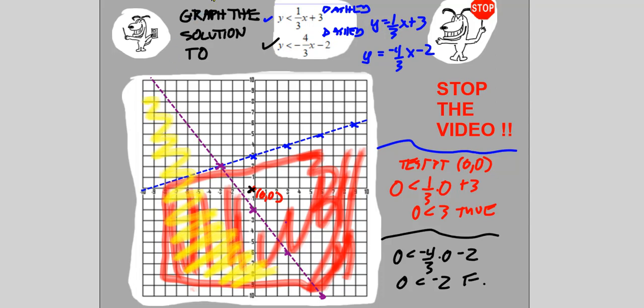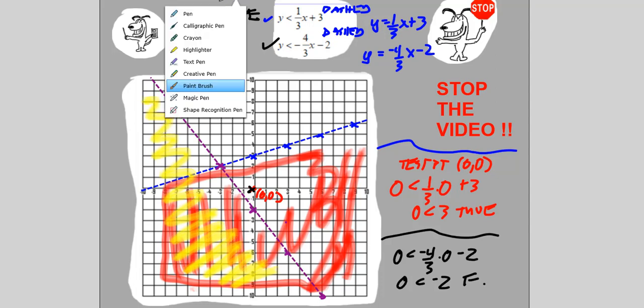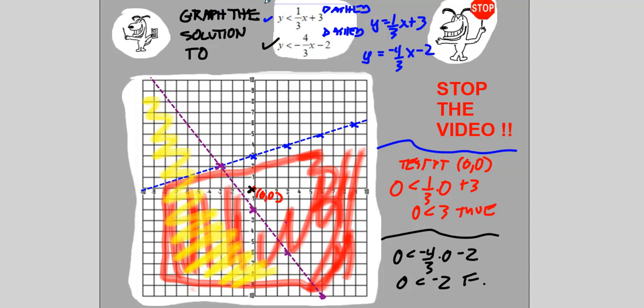So the common shaded area here is going to be going this way, but it's this area. It's not actually, that's wrong, sorry. It's not the common area. The common area is outlined here. So all this does not include this, does not include this, but it's that shaded area there.